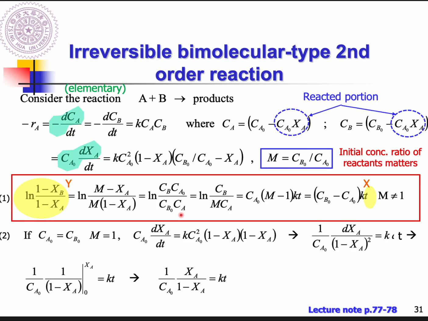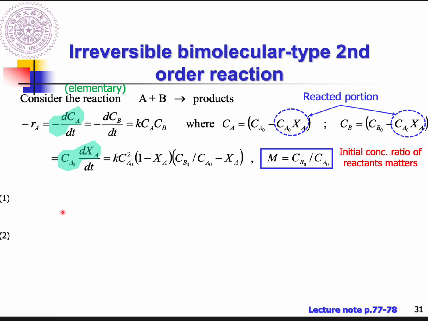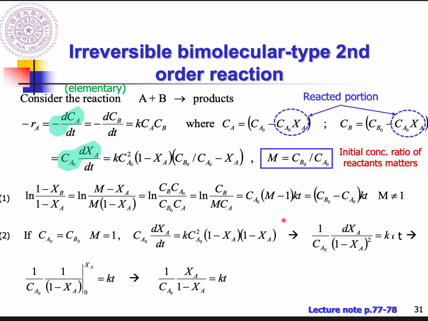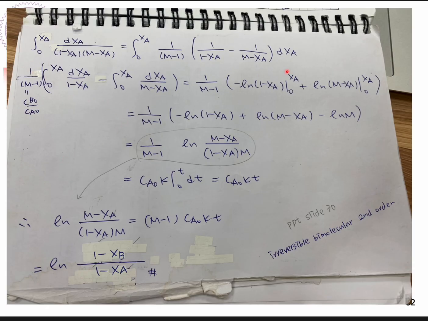For the detailed derivation, you can check here. I uploaded my handwriting. You just separate this part into two terms and integrate individually, and after some arrangement you finally get the result. Take a look at this one.